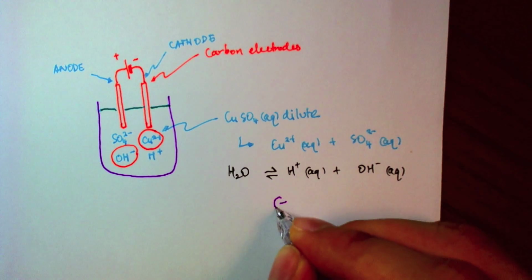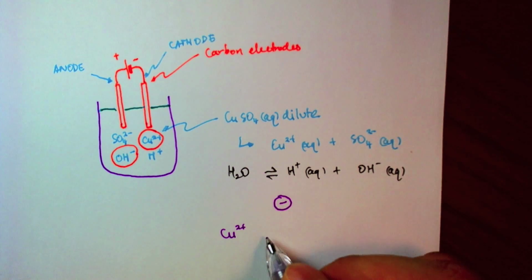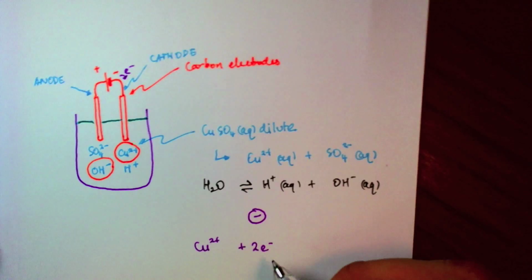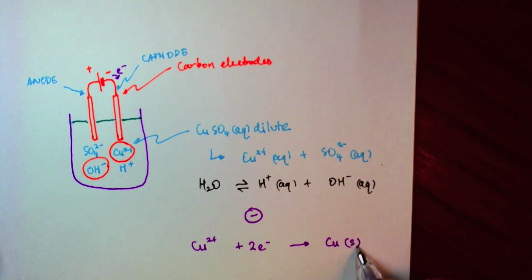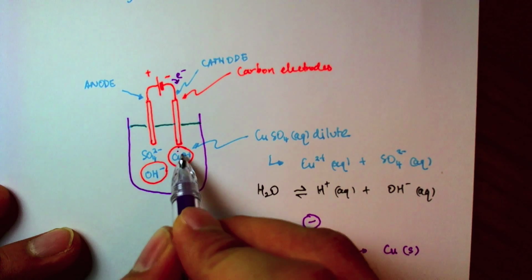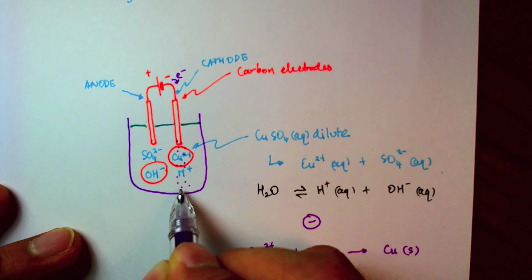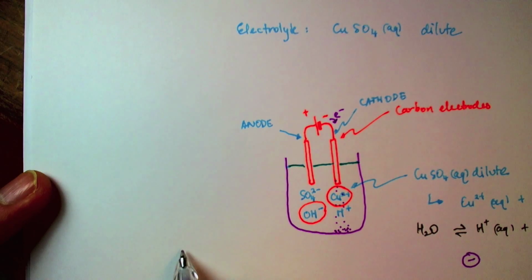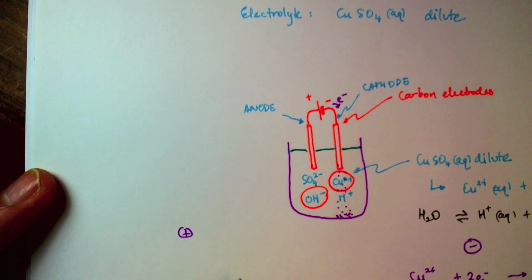At the cathode, I have copper being discharged, so copper would need to receive 2 electrons. I just show electrons coming down here, 2 electrons from the cell to form solid copper. Because copper doesn't really stick to carbon, the solid copper will come here, be discharged, and then it will just sink to the bottom of the beaker. At the anode, I have hydroxide being discharged.